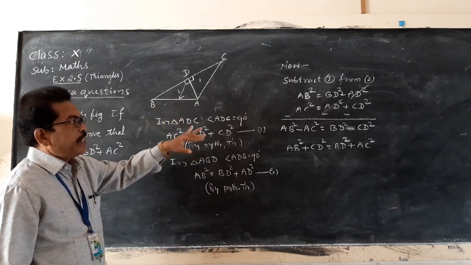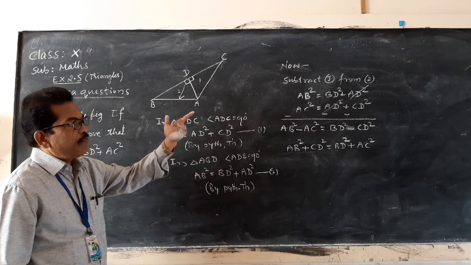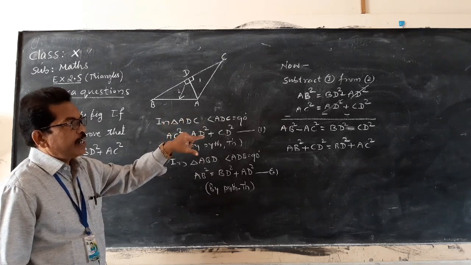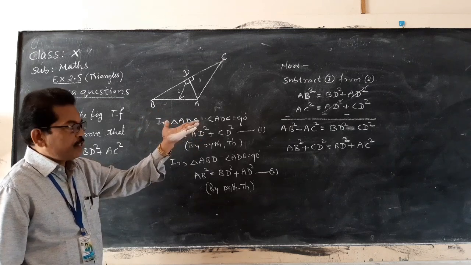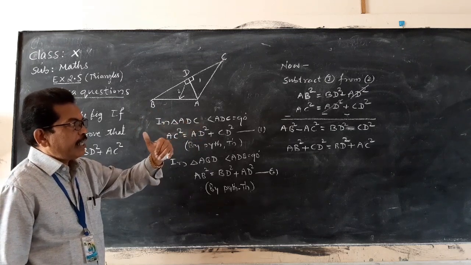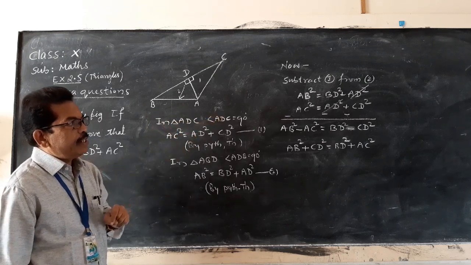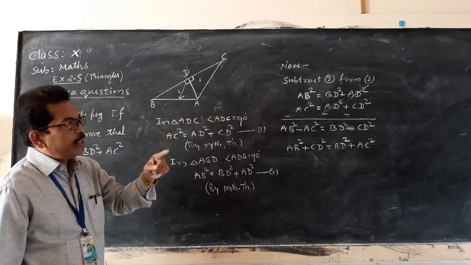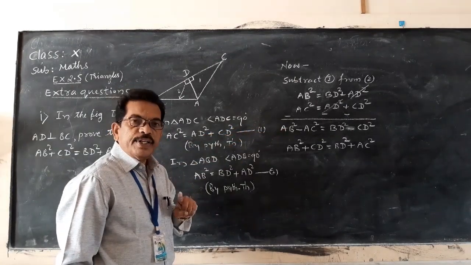Then we subtracted first from second, so the second result is written first. The signs are changed because subtraction is there. AD square and minus AD square get cancelled. The remaining terms are BD square and minus CD square.